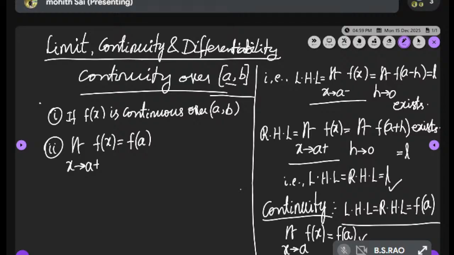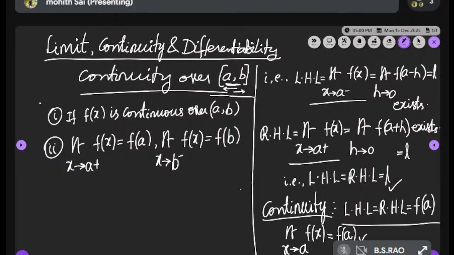At A, we have some space on the right side. So when you approach towards A from right side, limit x tends to A plus f of x equals f of A, and limit x tends to B minus f of x equals f of B. Right side to B, there is nothing, only left side to B we have some value.